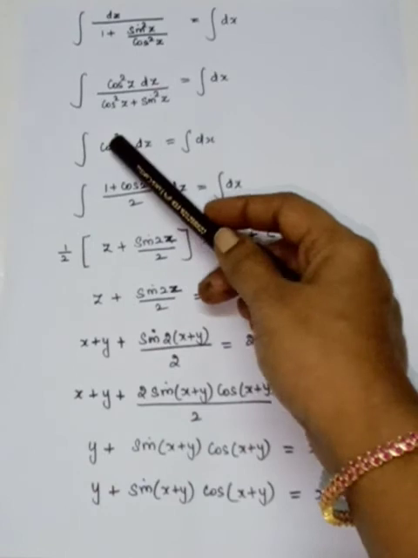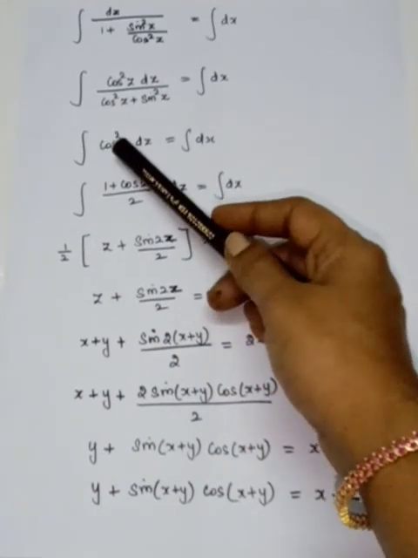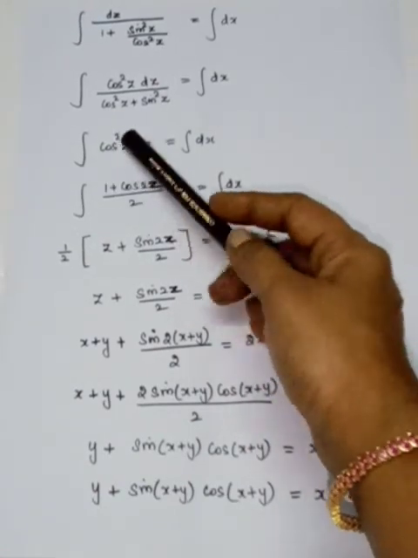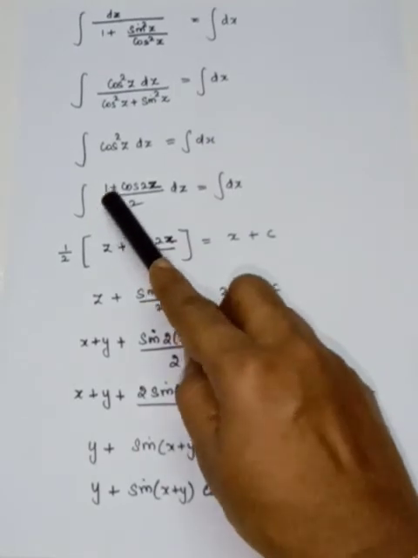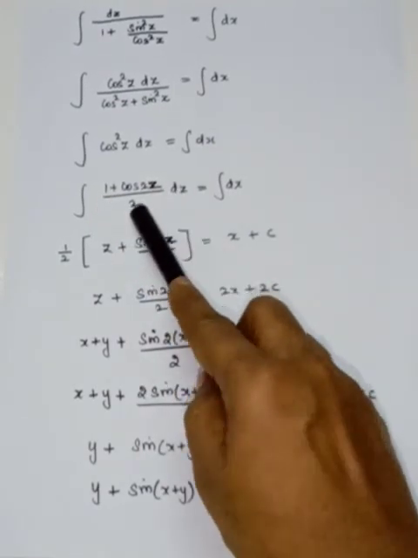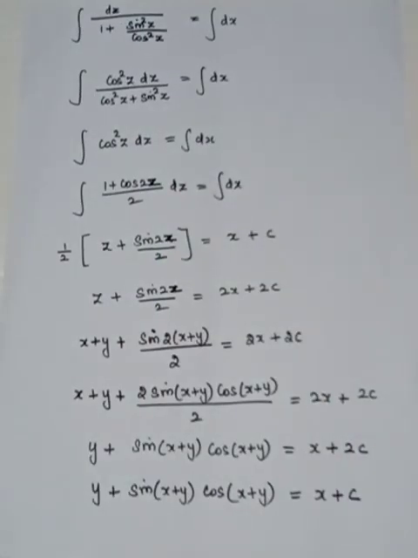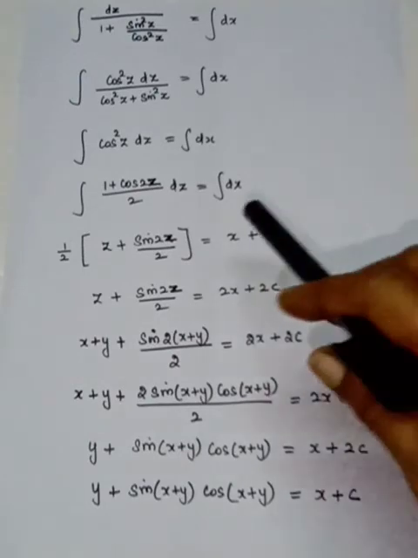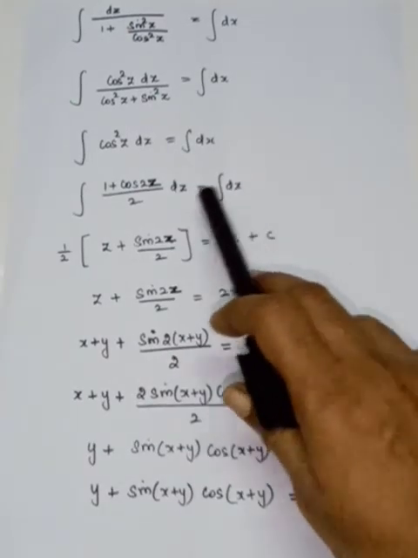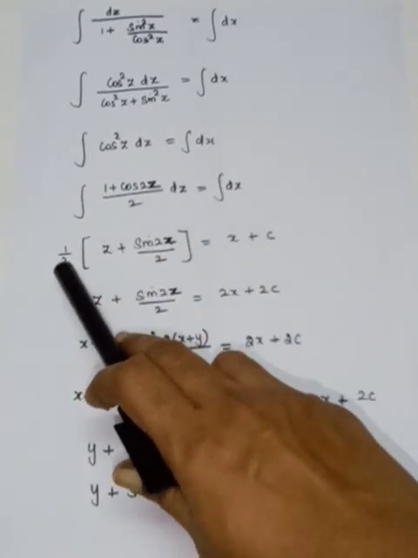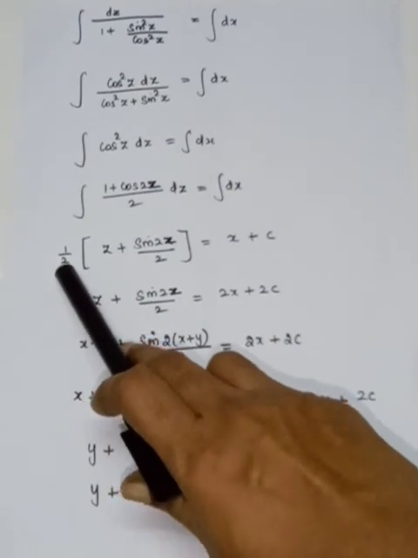Here you have the power 2, so you have to use the trigonometry formula: cos squared z is 1 plus cos 2z by 2. The trigonometry formula is applied, equal to integral dx. This 2 will go to the front, that is 1 by 2. It's a constant, so it is taken out.